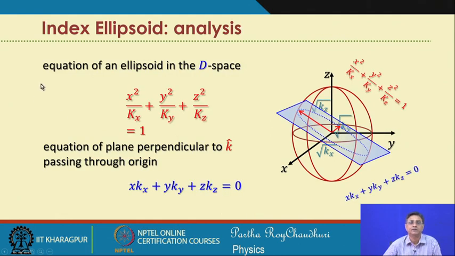Okay. So, the equation of an ellipsoid in the D space is this. We have seen this equation of the plane perpendicular to k passing through the origin is this.